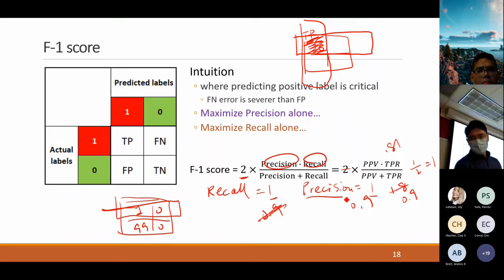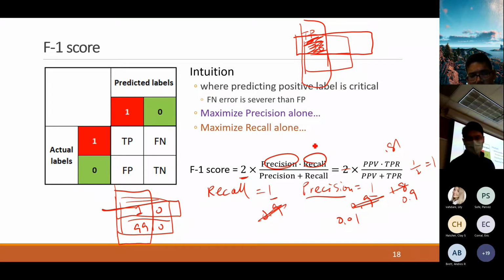And precision, you have 1 out of 100, 0.01. 0.01 is precision, almost 0, right? So if you have a 1 times almost 0, it's almost 0, regardless of the denominator. So the F1 score will suck.